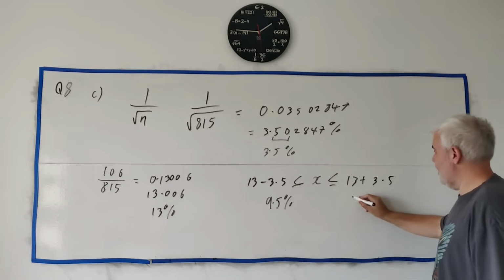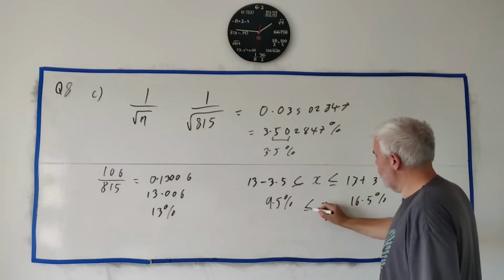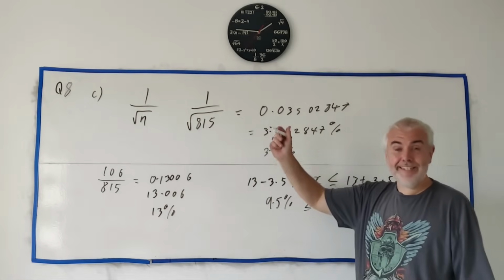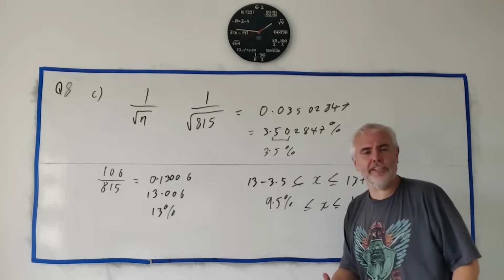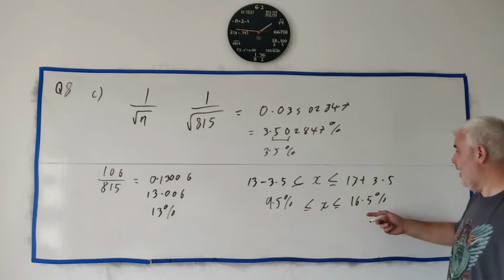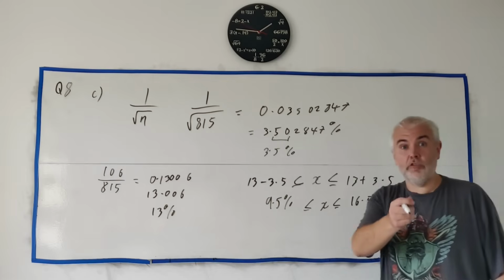And this is 16.5%. So how many electric cars are being sold in 2024? From this sample, even though it says 13%, my answer would be, I think it's between 9.5 and 16.5. And it turns out the reporter was correct.